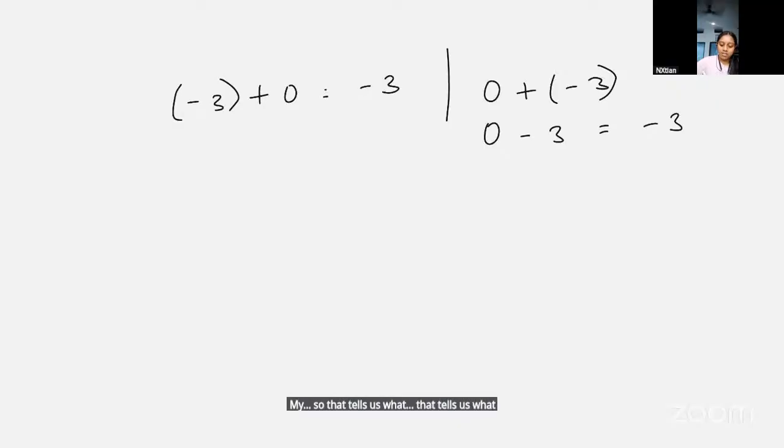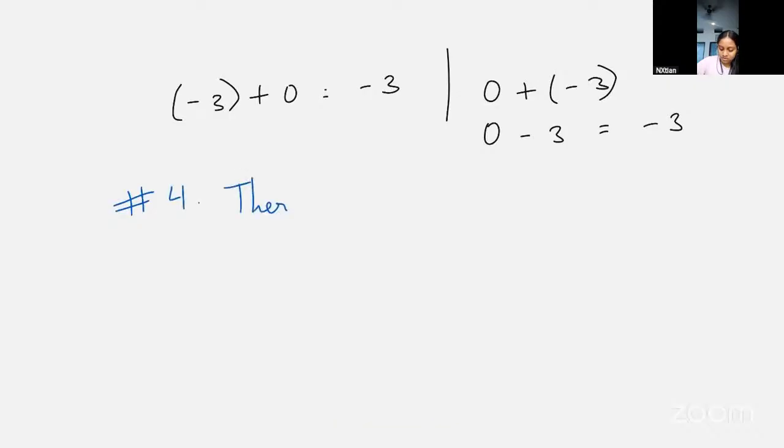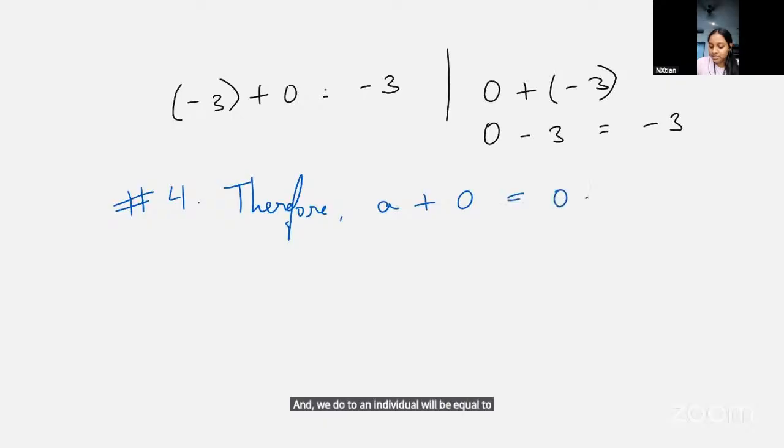That therefore gives you the fourth property. A plus 0 means when you add 0 to an integer will be equal to when you add an integer to 0. A plus 0 is equal to 0 plus A.